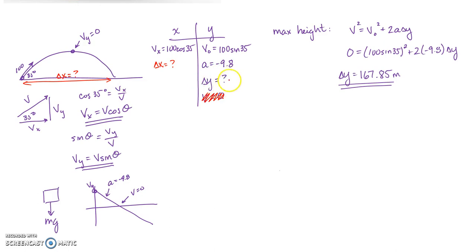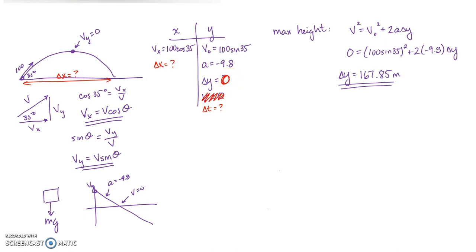So instead of our displacement being unknown, we now know our displacement is 0. And so now we can try and solve for our unknown. And the link between the y and the x, you guessed it, time. So if I can find time here, I can use it over here. This is one way to solve the problem.